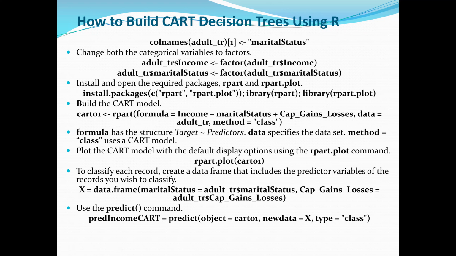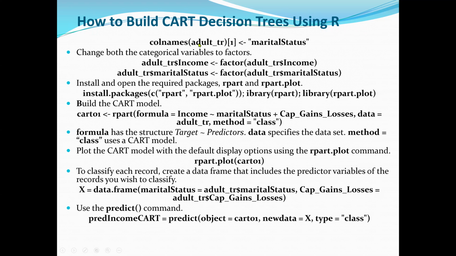Once the data is loaded into R, we are going to rename it as marital status. So we can see here we have marital status assigned to a.tr column names.